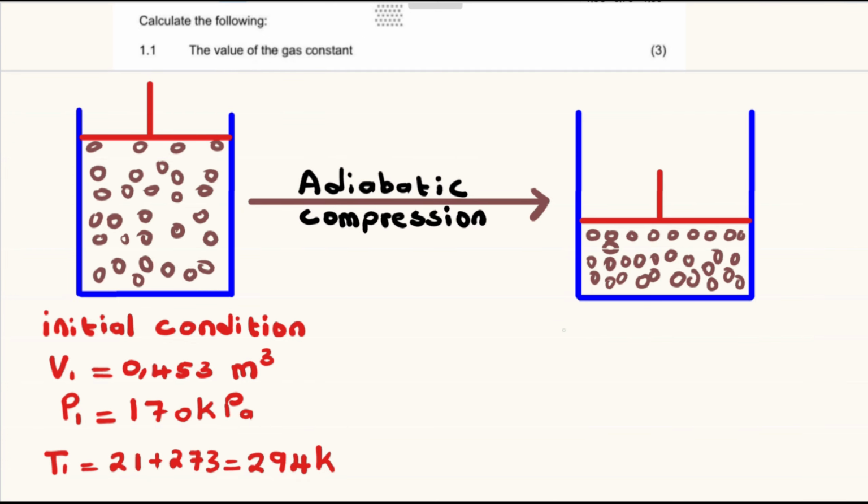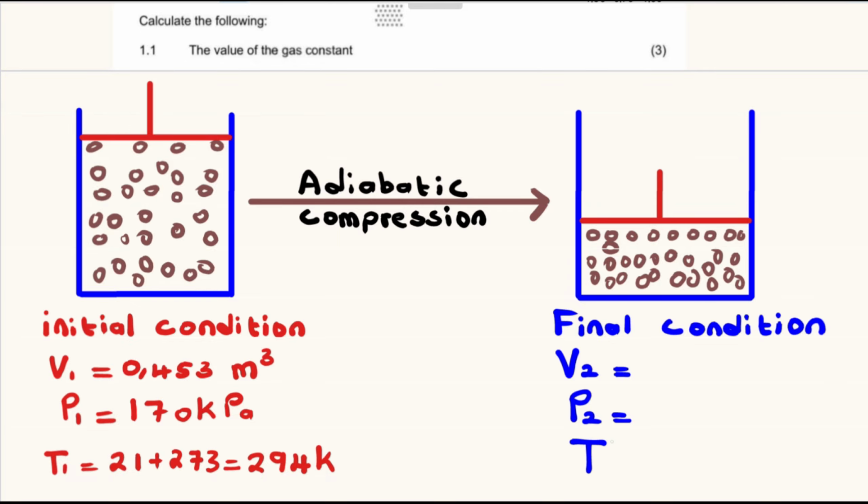So after our adiabatic compression, we have our final condition, and we have to extract our data for the final condition. After the adiabatic compression, we'll have volume 2, pressure 2, and temperature 2.